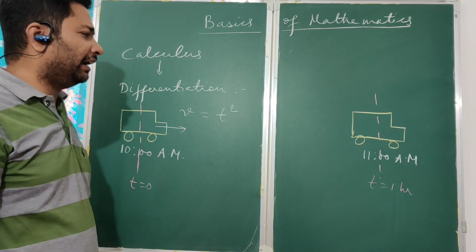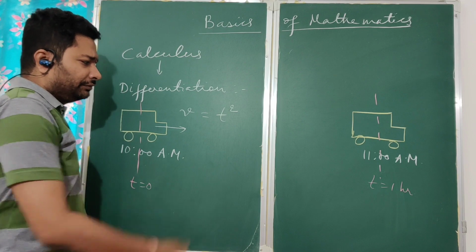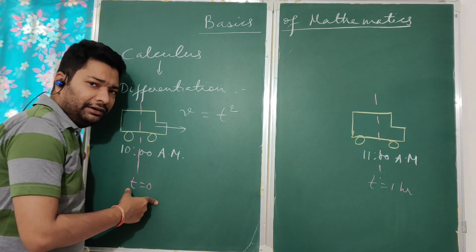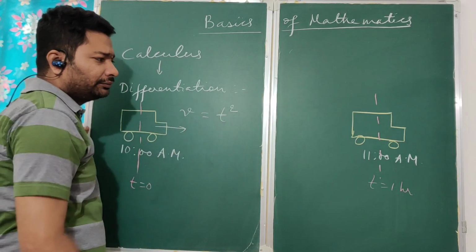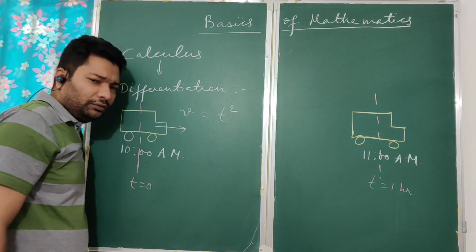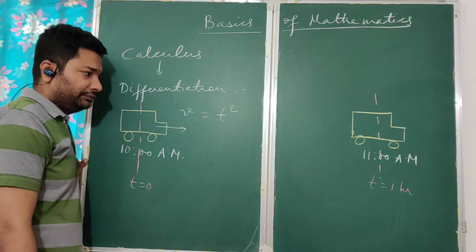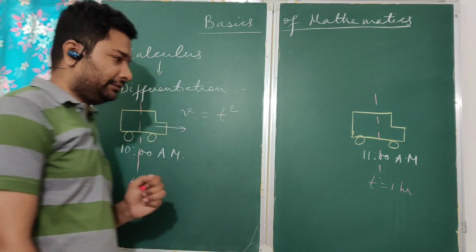Now if I ask you to find out the distance, one way is that you can just tell that distance travelled s is equal to v into t, so you can do t square into t. So according to you it will become 1 square into 1, which is equal to 1. So you will tell that, sir, the distance covered is 1 kilometer.